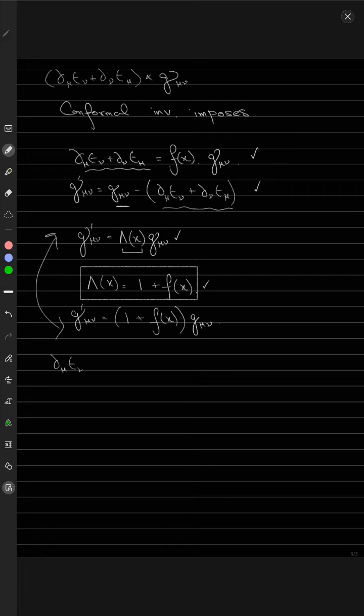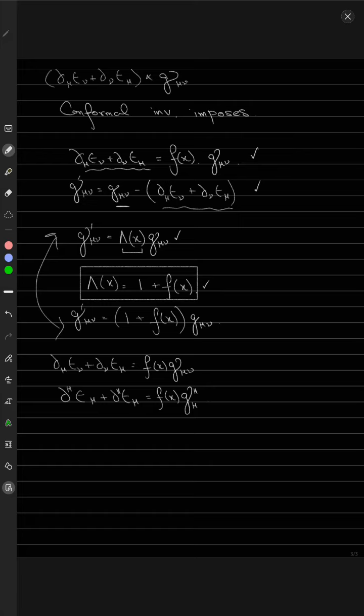Having this, if I look back at this equation, partial mu epsilon nu plus partial nu epsilon mu is equal to f of x g mu nu. Now let's contract mu and nu. When I do that, I can write this thing as partial mu epsilon mu, and this thing as partial mu epsilon mu, and this is equal to f of x g mu mu.